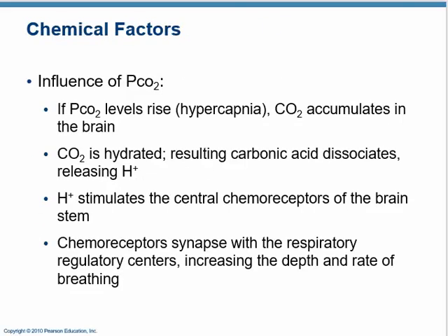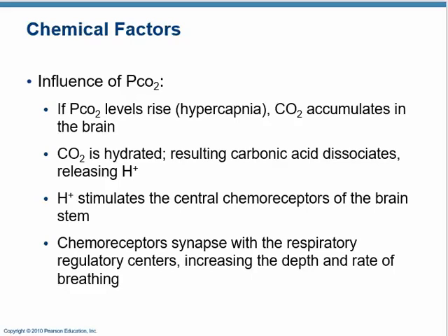And it really is the amount of carbon dioxide that is the biggest influence on this. So it's not a lack of oxygen that makes you breathe. It's a buildup of carbon dioxide. So if PCO2, the partial pressure of carbon dioxide, rises, which is called hypercapnia, the carbon dioxide accumulates in the brain, which makes the pH go down.